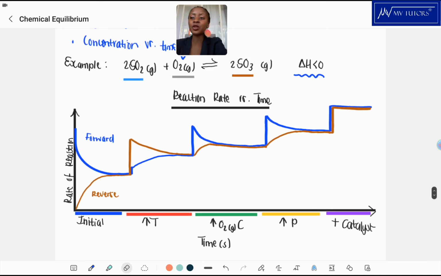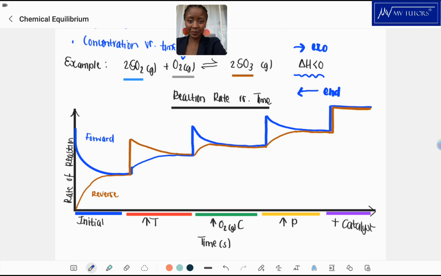Okay, so let's have a look then at what happens with the reaction rate versus time. Initially, for the forward reaction, by the way, the forward reaction is exothermic, right? So let me just indicate it. The forward reaction is exothermic and the reverse reaction is endothermic.